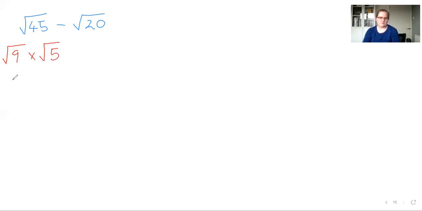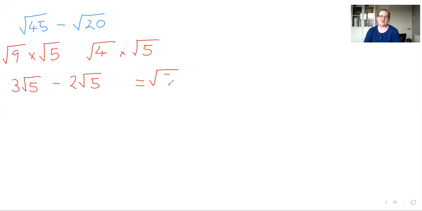Root of 9 is 3, so 3 root 5. Root 20, 4 goes in 5 times. Simplify this down. So we've got 3 root 5 minus 2 root 5, which would just give us root 5. We don't need to write 1 root 5 because we know this just represents one whole. And that'd be our correct answer for this one.